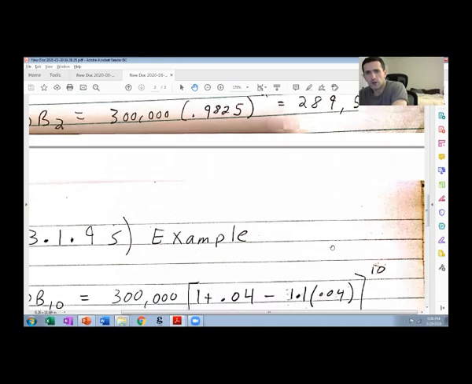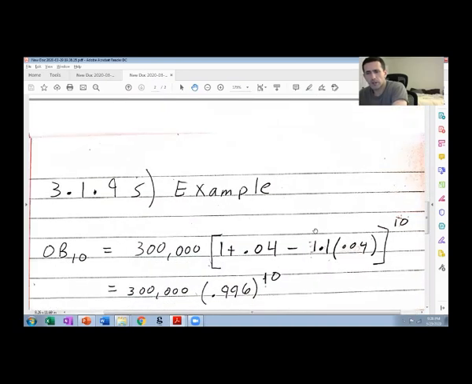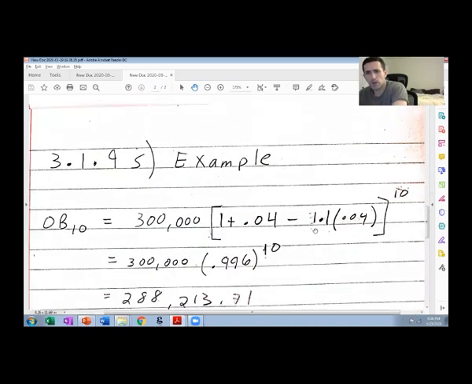So for this example, it's plug and chug for the first 10 years. Interest is 4%. Payments are 110% of interest, so P is 1.1. So we get OB10 is 300,000 times 0.996 to the 10th, which is 288,213.71.